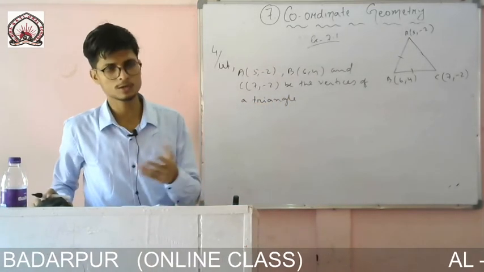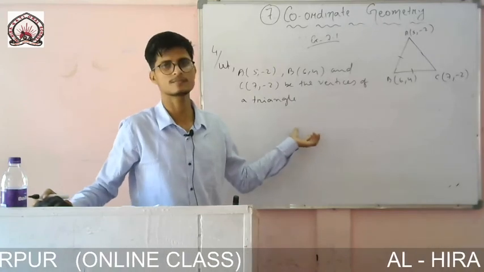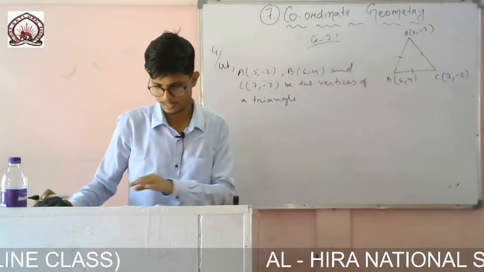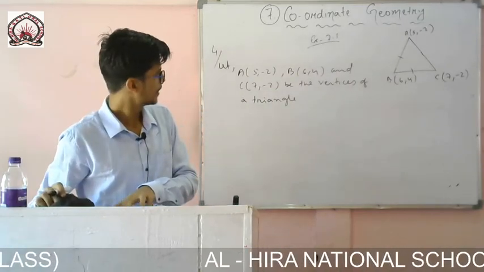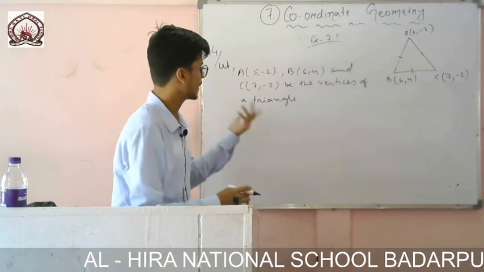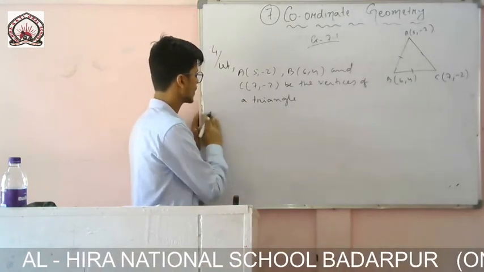Question is given, you have to check, so I cannot write that these are the vertices of an isosceles triangle. I will write simply that these 3 points are the vertices of a triangle. Okay, so now we will find by using the distance formula, one by one.